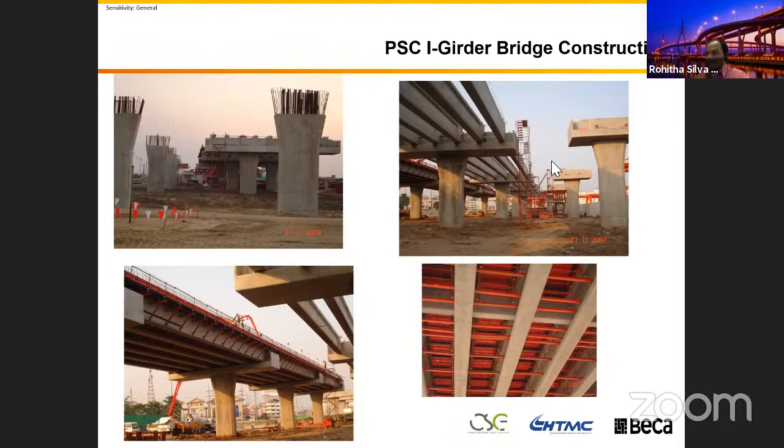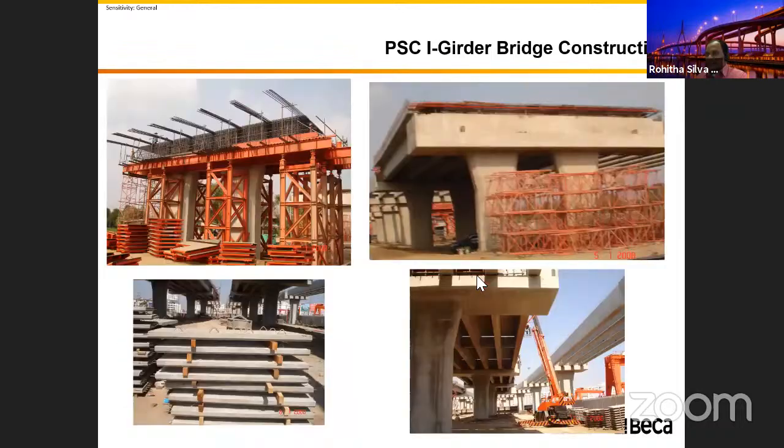And then you can see, especially in the next slide, the way we construct this headstock and piers and the part of the bridge already constructed. You can see on the bottom left-hand corner, we have a piece of planks put on top of each other.